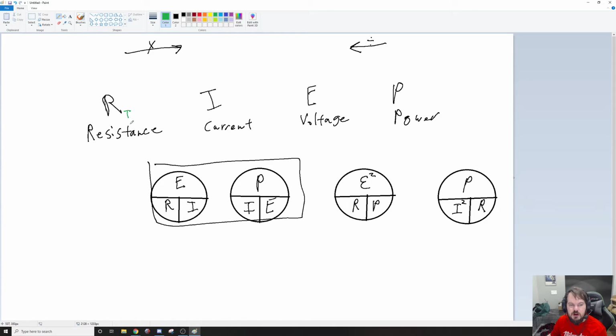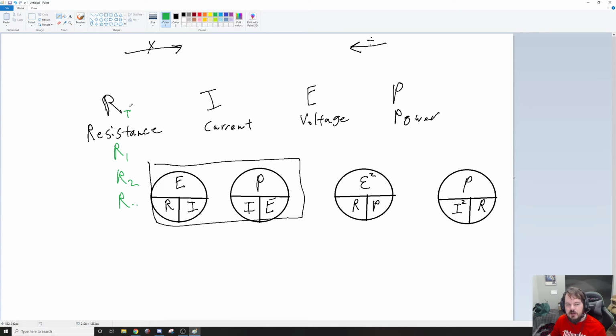So this would be our total. Below it, you're going to put R1, R2, R3, and so on and so forth. And then across from that, it's I1, I2, I3, E1, E2, E3, P1, P2, P3. And that's the different components of the different resistors.